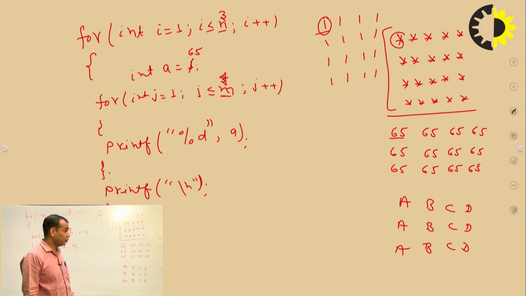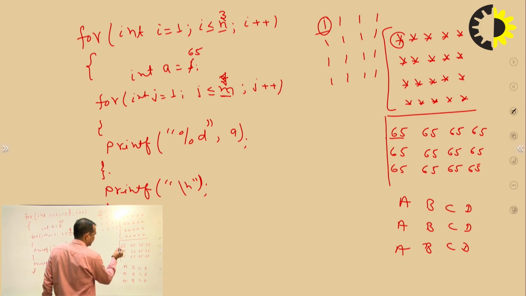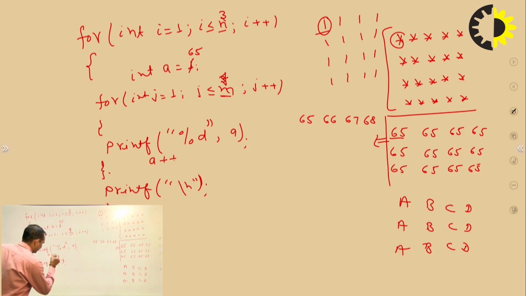Okay. If we want to increase the value, after 65 we want to print 65, 66, 67, 68. So what we do is, when we print the value of a, we then increase the value of a, that is a plus plus inside this loop.